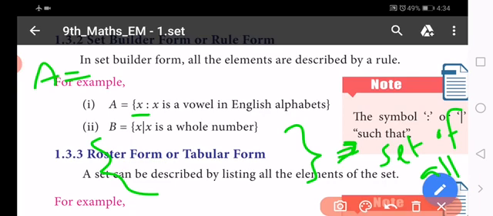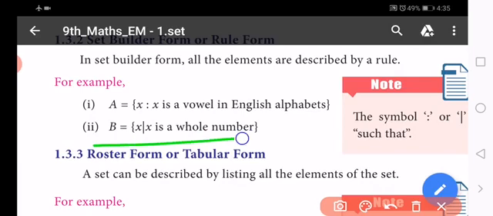Then how do we read this symbol? It is "such that". x is a vowel in the English alphabet. So this is the set builder form or rule form.